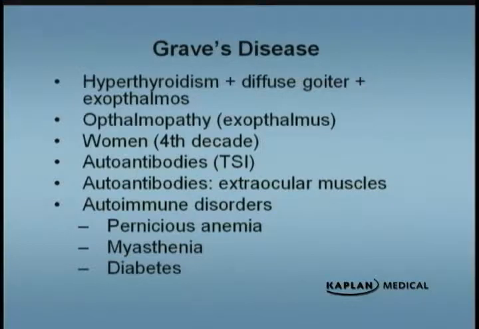Now, these antibodies, I want you to remember them because they've asked questions about them. These antibodies are called TSIs, or thyroid stimulating immunoglobulins. We see those in about 95% of the cases in Graves' disease.